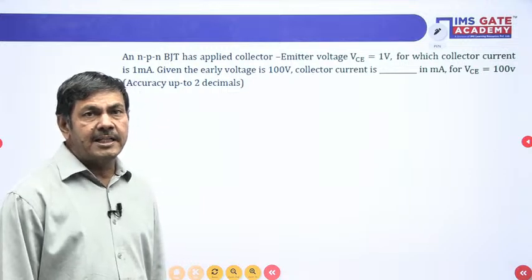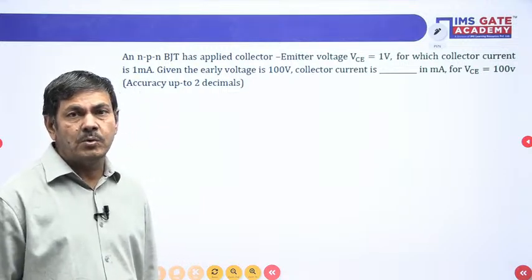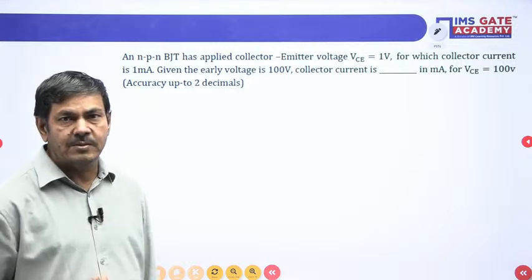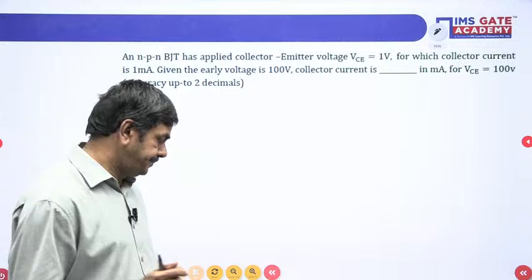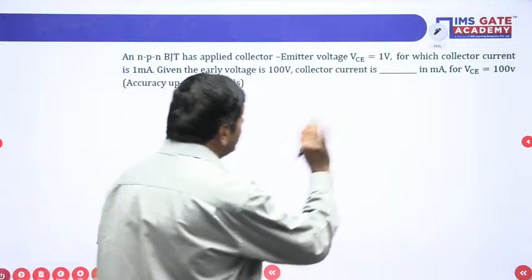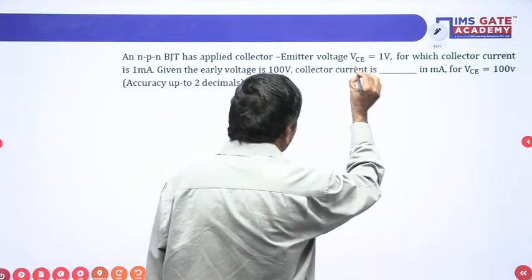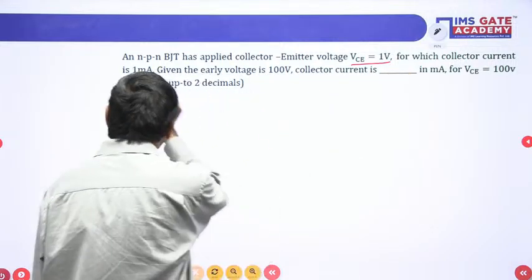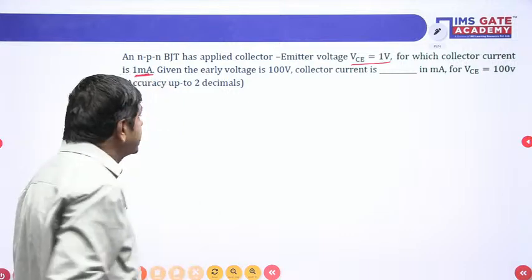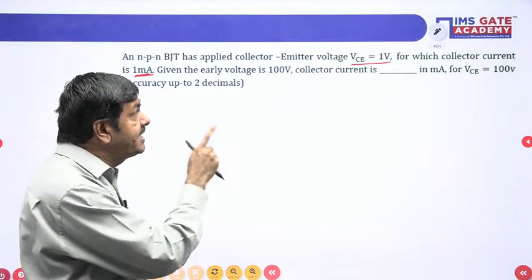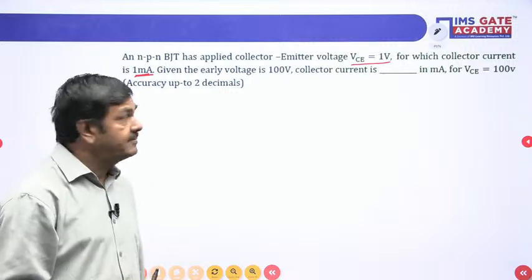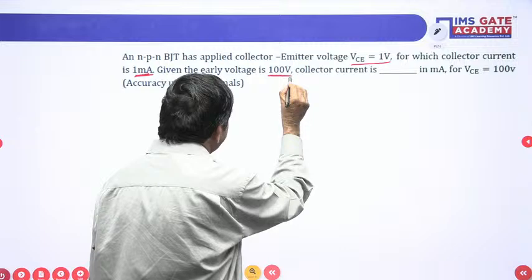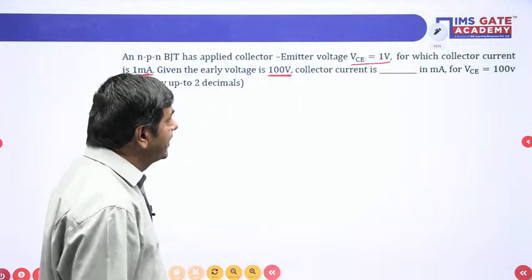When the Early voltage is given, you have to know how to find out the collector current. Once you know that, you can easily do this question. I will give clarity now. In the problem, VCE equal to 1 volt, collector-to-emitter voltage is 1 volt, and collector current is 1 milliampere. That means IC1 is given when VCE1 equals 1 volt. But the Early voltage is given, and lambda is to be taken as a constant value.